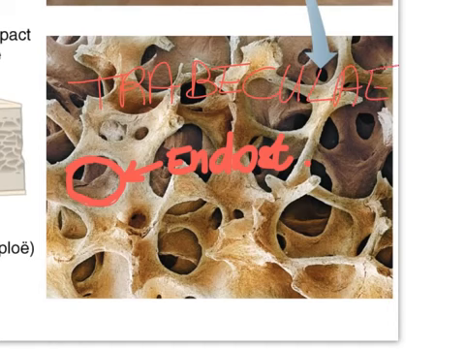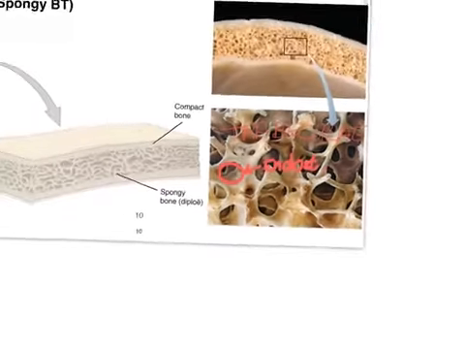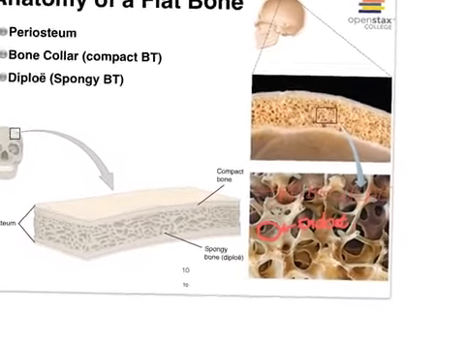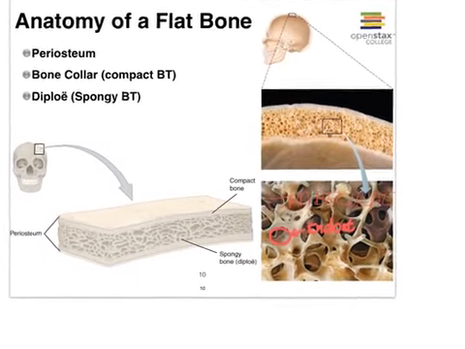It'll be written out for you on other slides. That's plural. So singular would be trabecula, all right? So all of these trabeculae are covered with the endosteum, or you could say the cavities are lined with the endosteum. Okay, let's go back to the original size of the picture so that we're not lost. So we just looked at what the anatomy is of a typical flat bone.